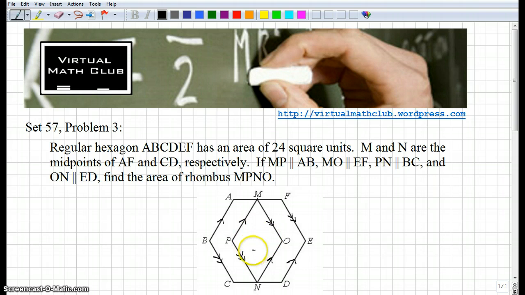Alright, well, a couple things about a regular hexagon that are good to know. One is that the interior angles are all 120 degrees. Okay, and if you forget that, one thing you can do with polygons, if you draw a hexagon, is break it up into 4 triangles.